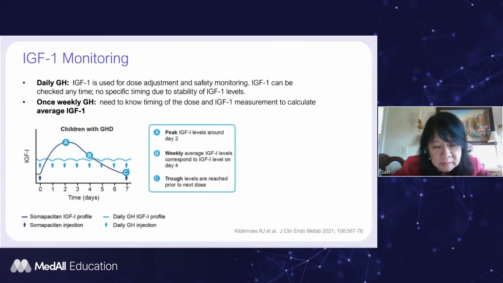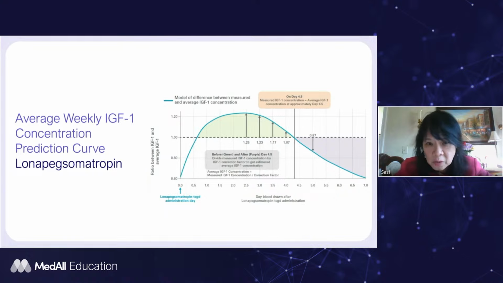The trough is like day 6, day 7. So when we check IGF-1, we need to know which day the lab is done in relation to the last dose. And we have ways to calculate the average IGF-1 if we know the timing of the lab.